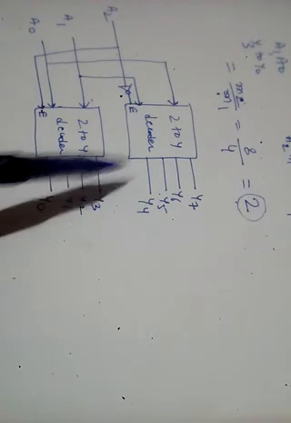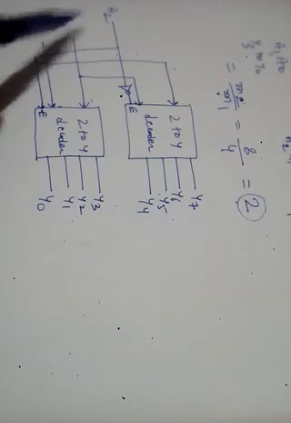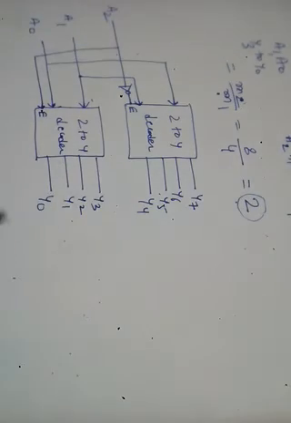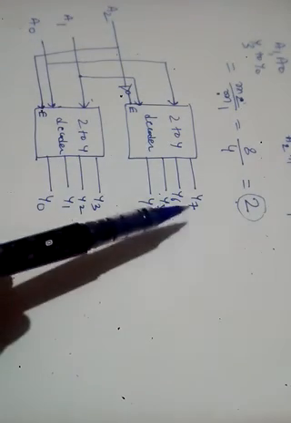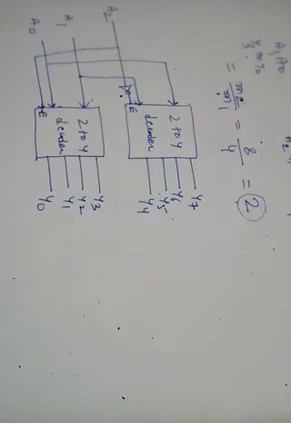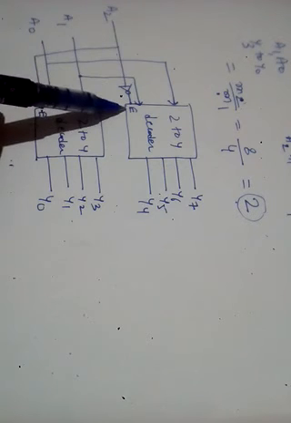Now we have 3 inputs, A0, A1 and A2, and we have 8 outputs from Y0 to Y7. This whole circuit will form a 3 to 8 decoder. A2 will work as enable input.